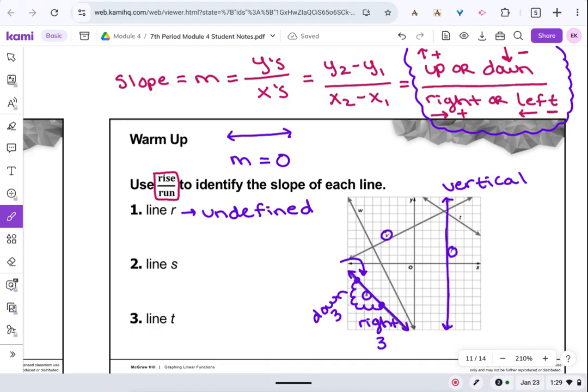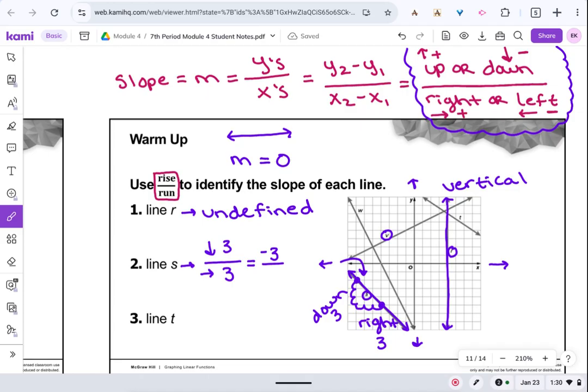If you're not sure on your directions, this direction is right, this direction is left, this is up, and this is down, okay? So when I refer to those words and those symbols, they mean the same thing, okay? So the pattern we did was we went down 3 and we went right 3, okay? Now if I look at my little rule up above, down is a negative value. So that means that really on top I've got a -3.